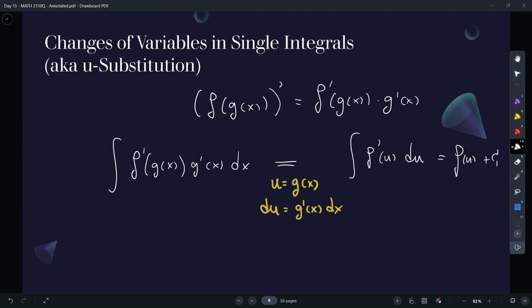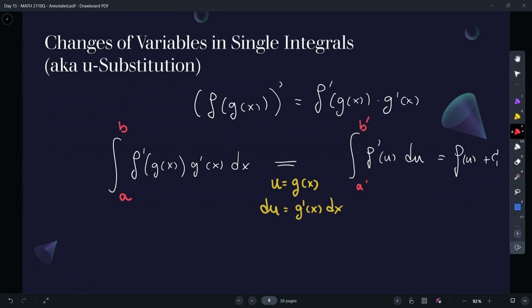I haven't written it in here, but usually if there are limits of integration, then with this change, the limits of integration will also change.